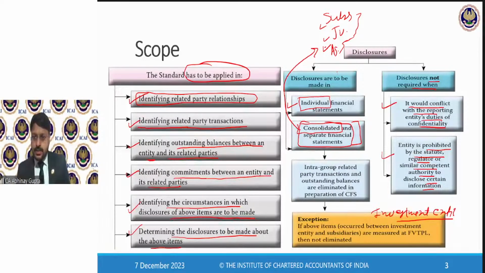So these are the two exceptions which the standard has given to us, in which case we will not be making all the disclosures, and we will be limiting our disclosures to the extent that we comply with these laws and the confidentiality clauses as well, right? So that is the exception to the scope.